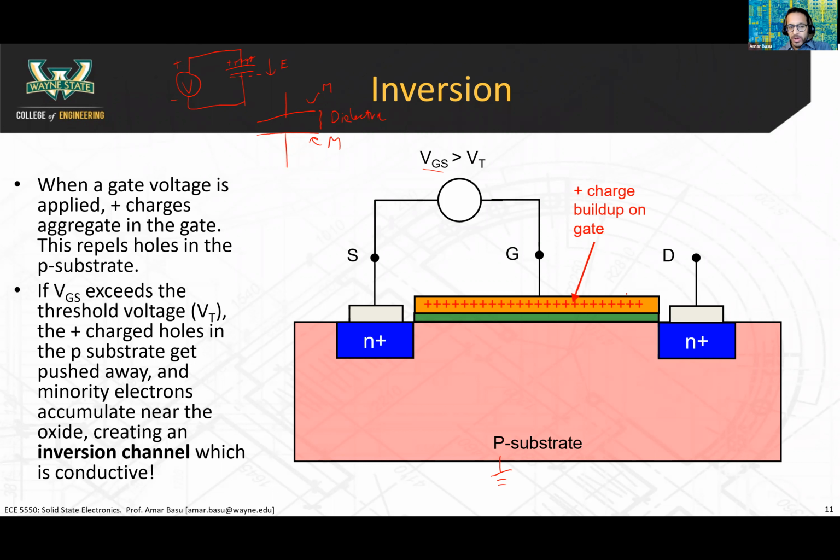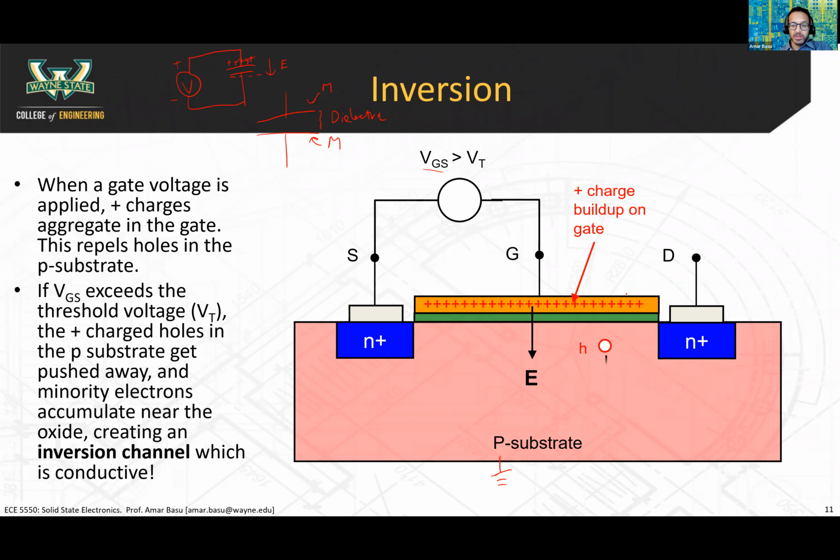So the way I want to describe this to you in sequence is that you have a buildup of positive charge on the gate, and as a result of that, you have an electric field pointing from top to bottom. This is typical of any capacitor. So what the electric field does in the semiconductor is interesting.